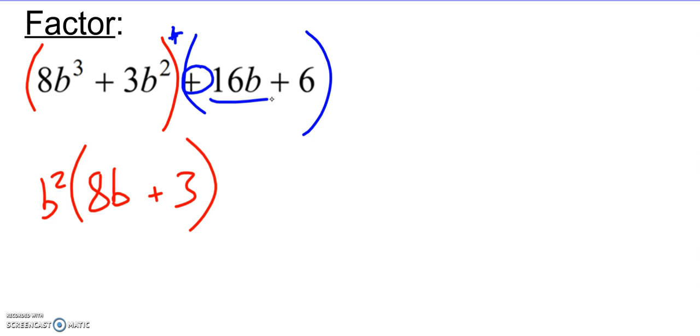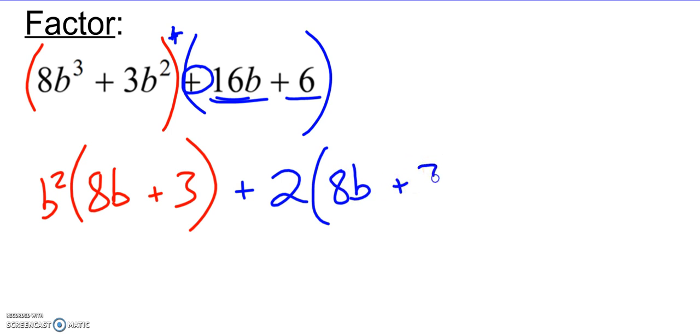But anyway, we've got plus, and we look at 16 and 6, and we can divide both of those by 2. Can't take out any letters or variables, so what we're left with here is 8b plus 3. And what we're going to notice here is we have 8b plus 3 here and 8b plus 3 there.